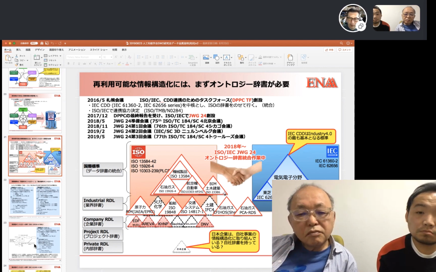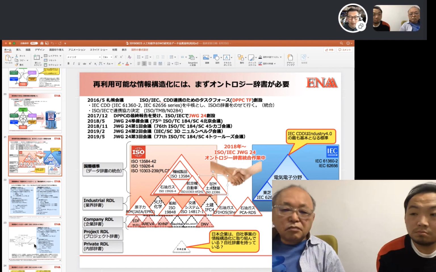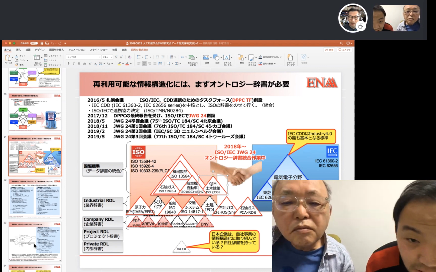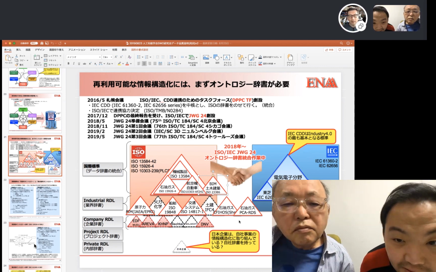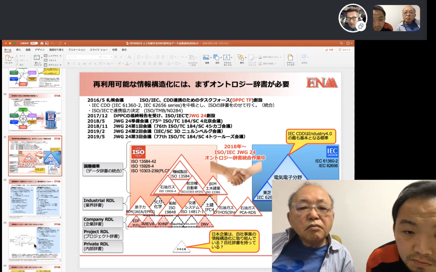One well-known example is the dictionary for BIM. You know BIM? No? Okay. The keyword BIM is now one of the hot topics in the manufacturing industry.